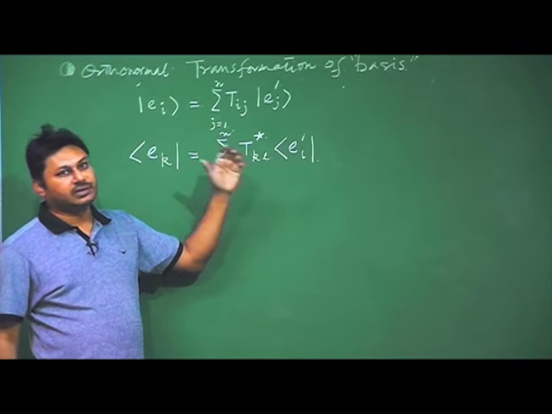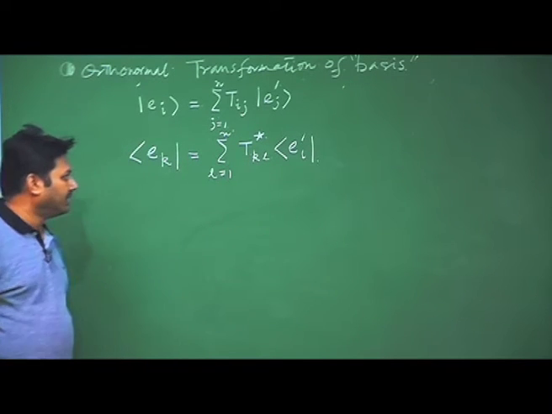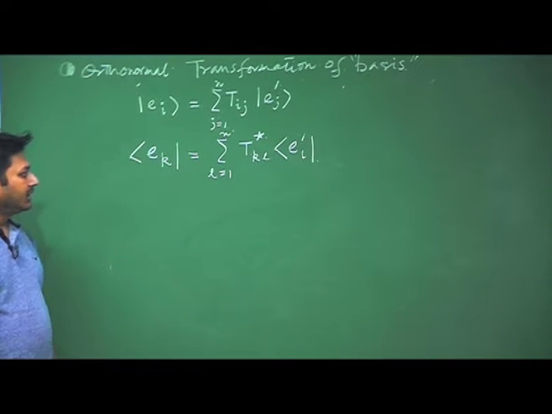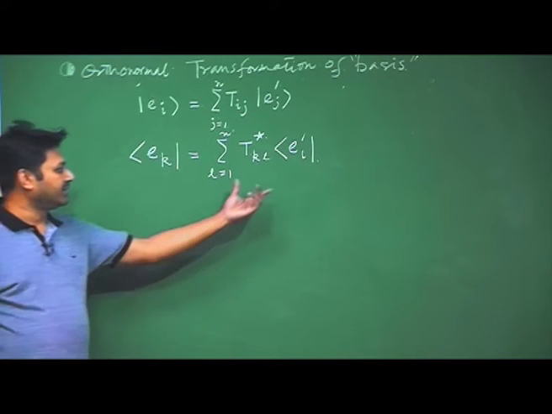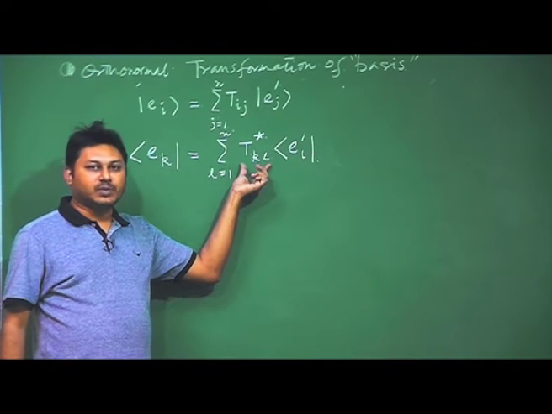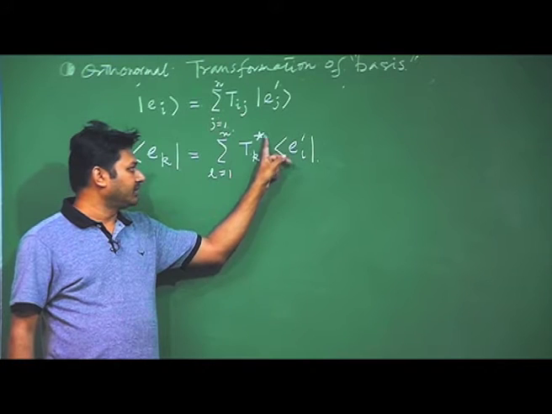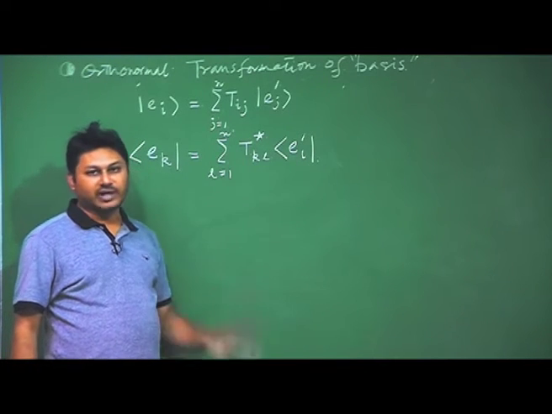So it is just changing the dimension from row to column. Also this has to be multiplied with this, I need to put a complex conjugate of that. So that's why it is there.